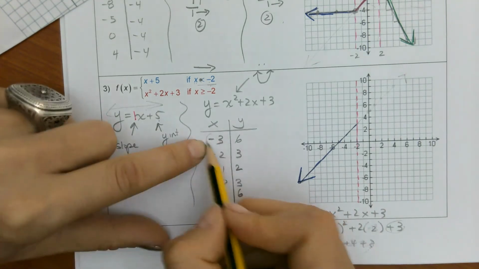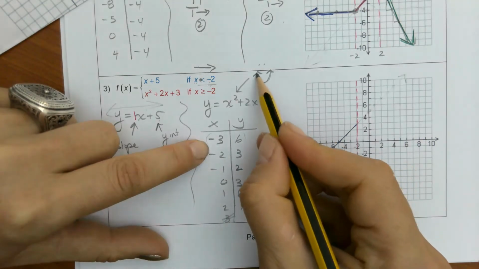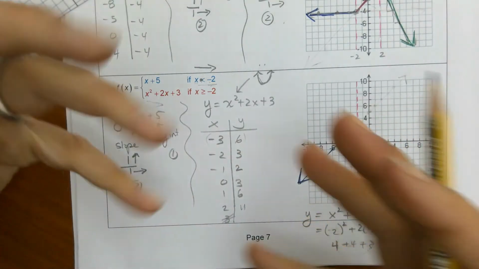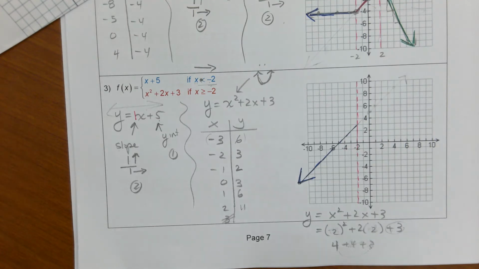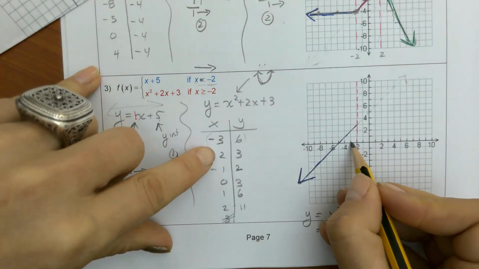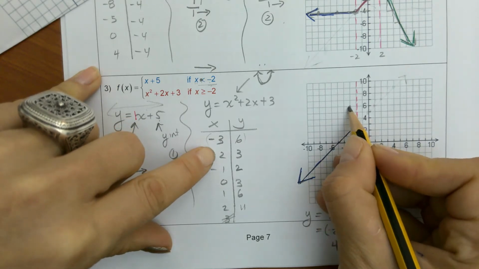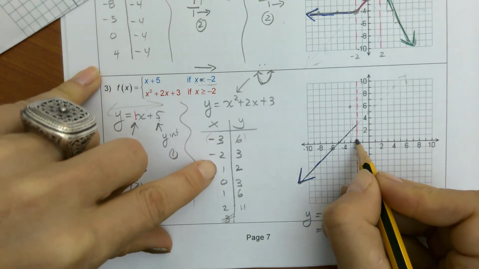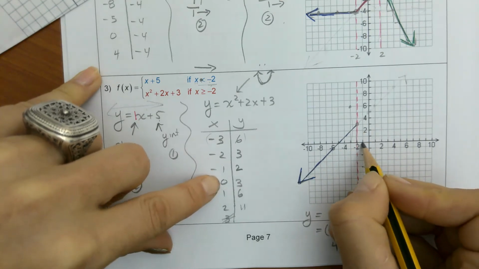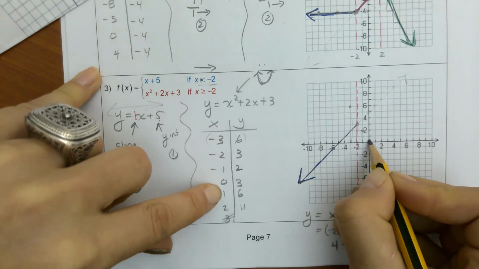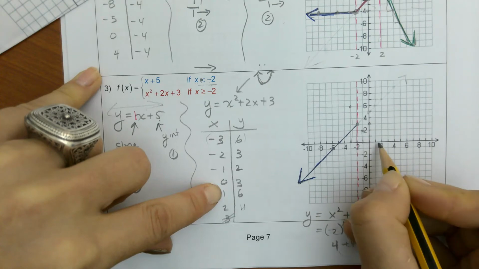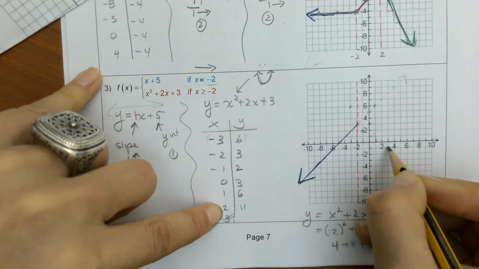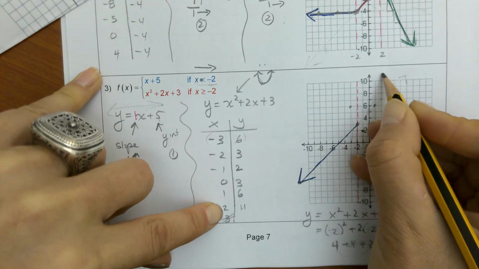Okay? So now let's plot these points, and remember it's a parabola, so we have to sort of plot the point and then make it look like a parabola. Use our imagination to sort of make it look like that. So -3, positive 6. -2, 3. -1, 2. 0, 3. 1, 6. 2, 11, which is like up here-ish.